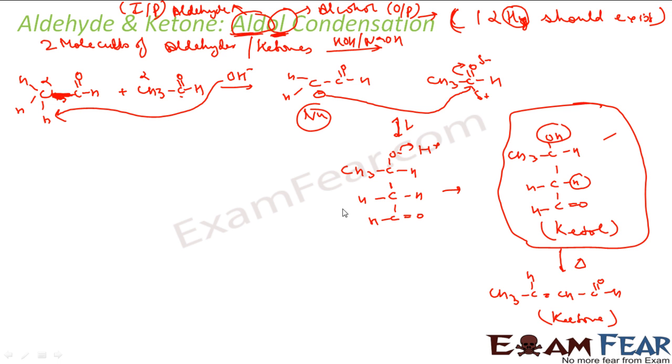With that, you get this, and then this O minus grabs one H plus from the system and becomes OH. And we can do this for any aldehyde or ketone with the alpha hydrogen. Why alpha hydrogen? Because if there is no alpha hydrogen, this OH minus will not be able to pull it out. This alpha hydrogen is the first thing that goes off and carbon forms a negative charge, that is, the nucleophile is formed.